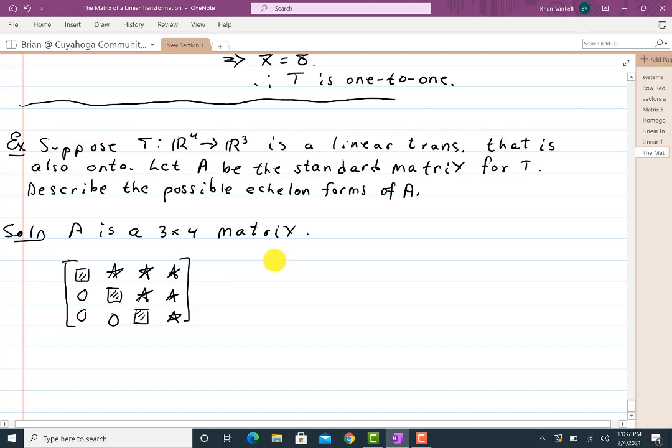Let's take a look at another thing that can happen. We could have this, and then you could skip a space. So like I could have a star here and then zeros underneath, like so.